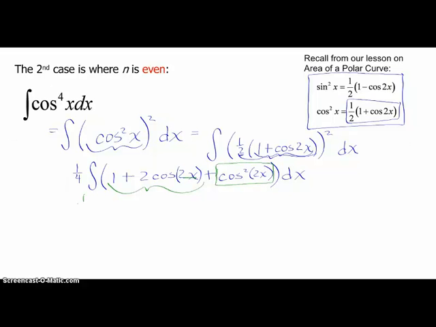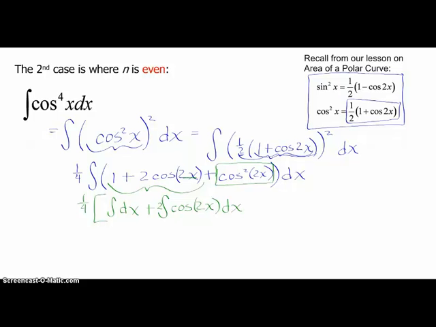Remember, integrals break up over addition and subtraction. I'm going to pop that 2 out front. This becomes the cosine of 2x dx.